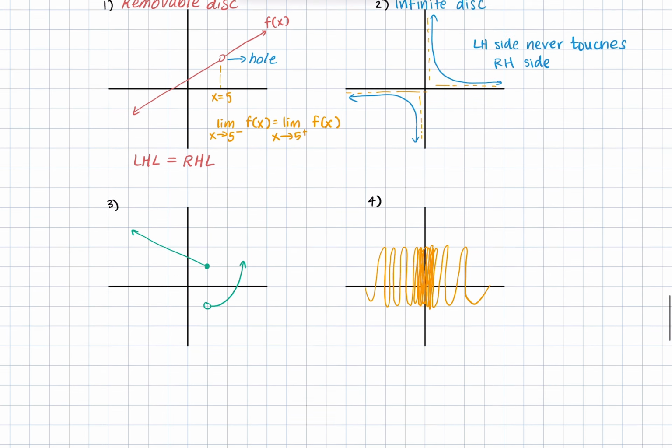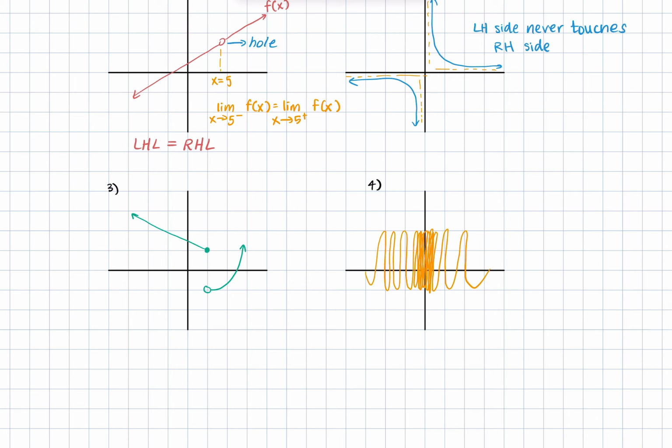The third type, and this is my favorite and the easiest to distinguish, is called a jump discontinuity. It's called a jump discontinuity because the point literally jumps from the left-handed side to the right-handed side. There's no connection.